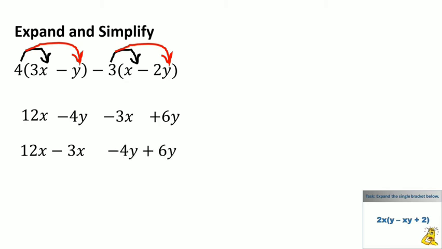And when we further simplify, we will have 12x minus 3x will give me 9x, and minus 4y plus 6y will give me 2y. This is your expanded and simplified expression.